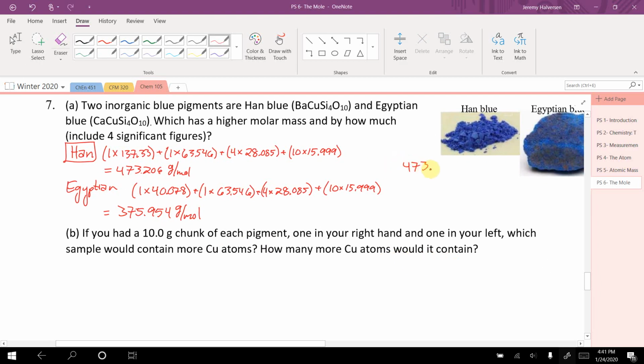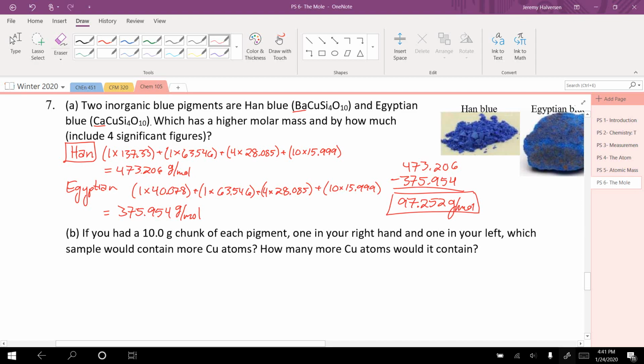Well, 473.206 minus 375.954. It's bigger by 97.252 grams per mole. And if you look, you can see that's just the difference between barium and calcium's molar mass.